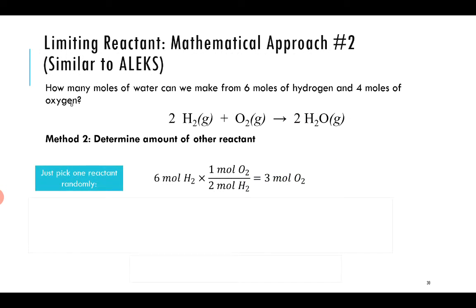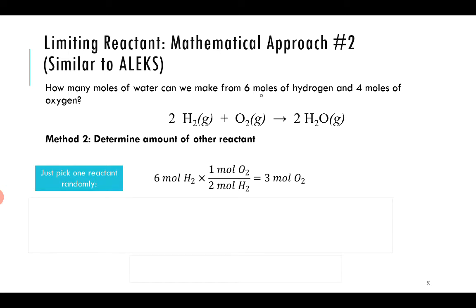Okay, so next up, it's the same problem, but we're going to be solving it a different way. In this method, we're going to be determining how much of the other reactant is needed, and then comparing how much we have to how much we would need. So it's the same question as before.